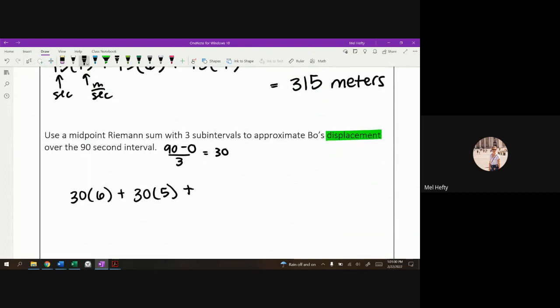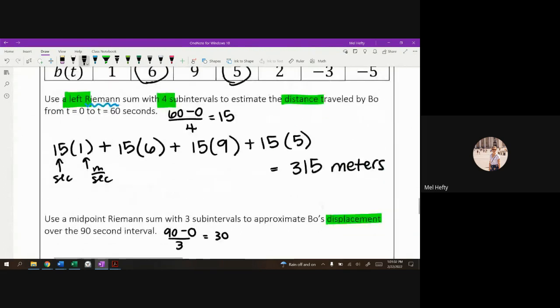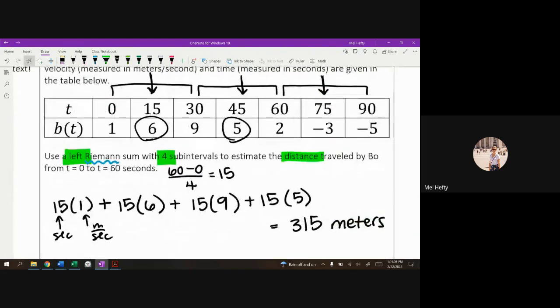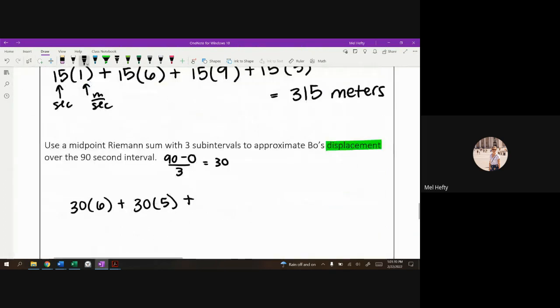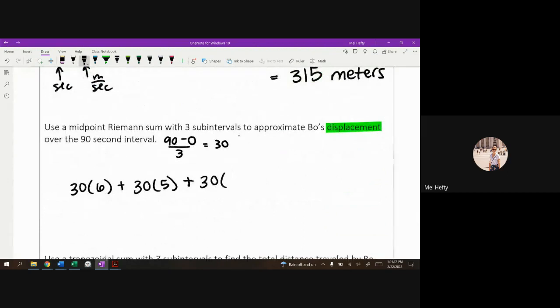All right, someone whose name is not Matt or Herbie. 30. Oh, there she is. Go.